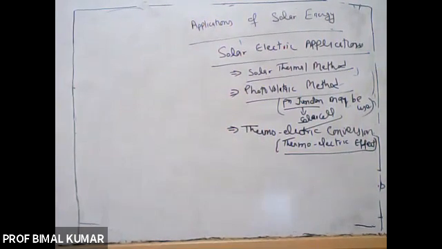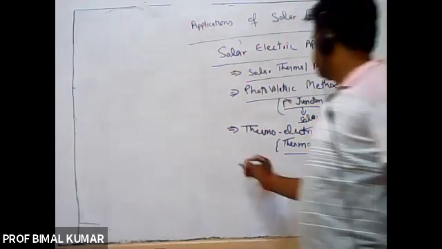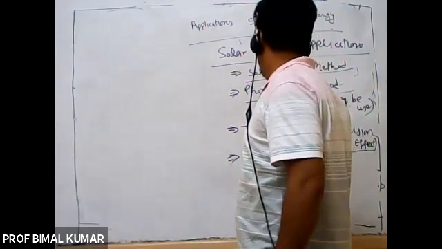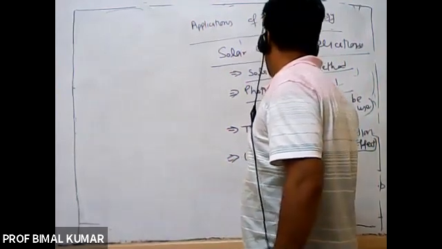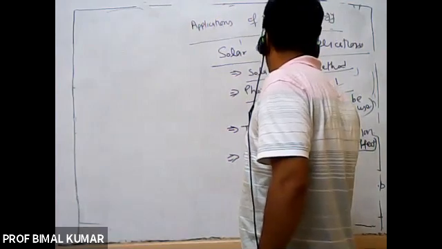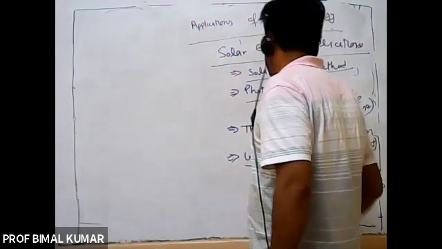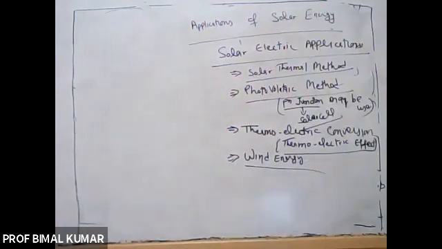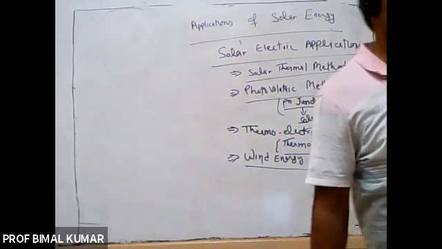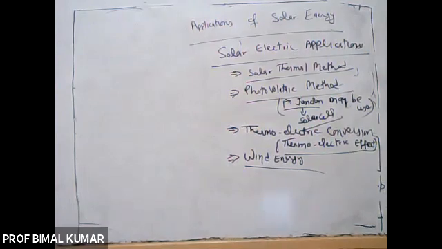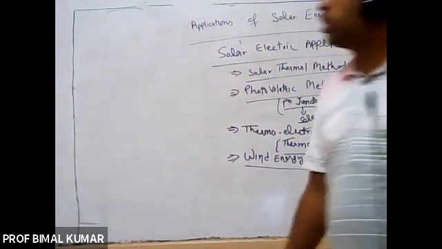Again, you may say that wind energy, if you are aware of the basics of wind, is also dependent upon heat. Whenever the temperature of the atmosphere increases, this causes the wind to blow across the atmosphere.